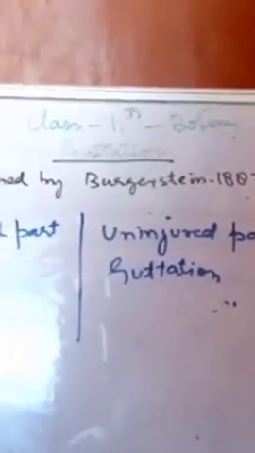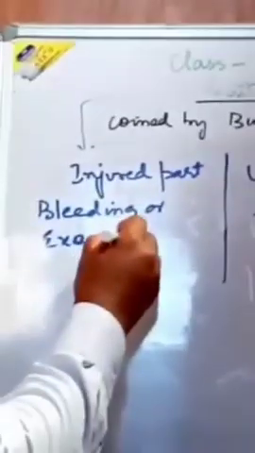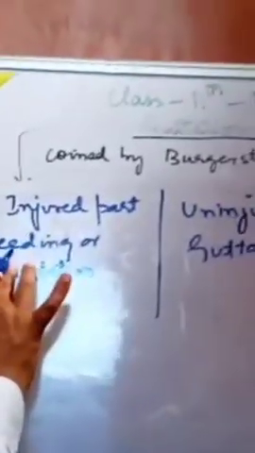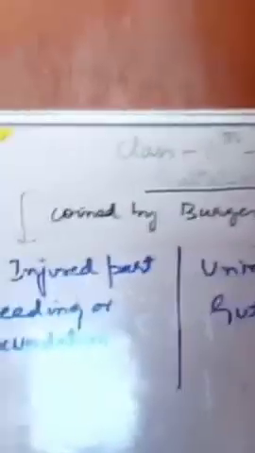But the loss of water from the injured part is called bleeding or exudation. When the loss of water takes place from the uninjured part, it is called guttation.